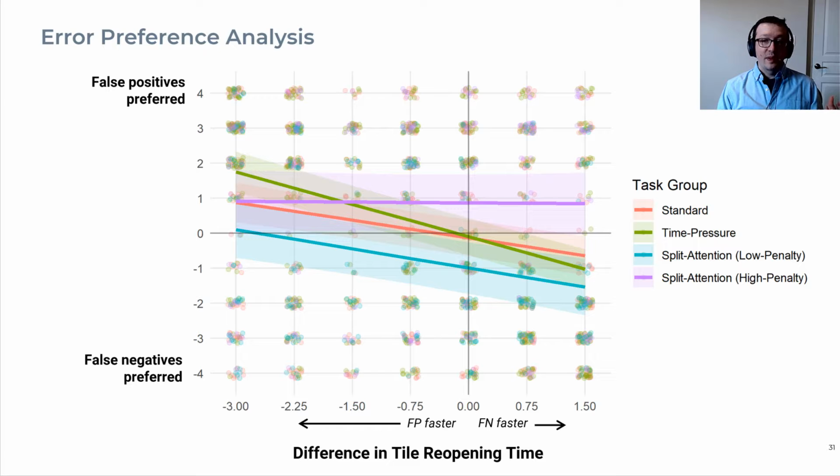And we believe that these participants were just overwhelmed by trying to do the 2 tasks at the same time. But for the low penalty participants, the ones that are able to manage the secondary task, we see a really high bias against false positive errors, equivalent to about 2.7 seconds of reopening time. And so this provides more evidence that attentional cost is a driver of bias against false positive errors.